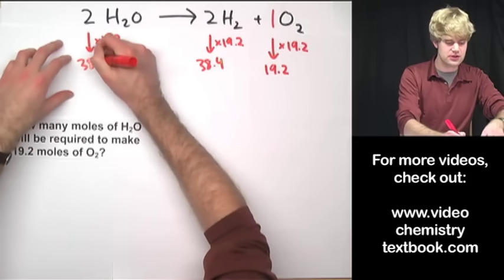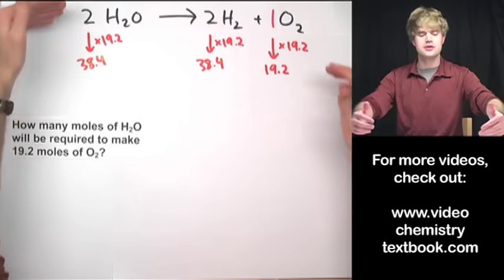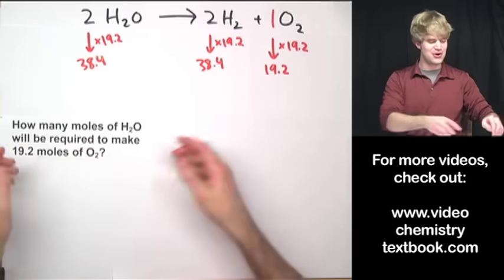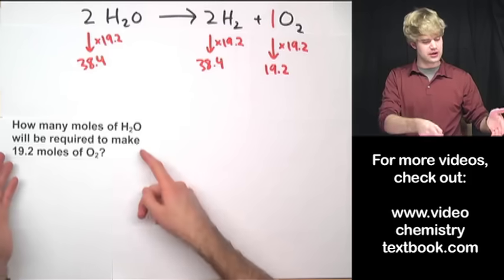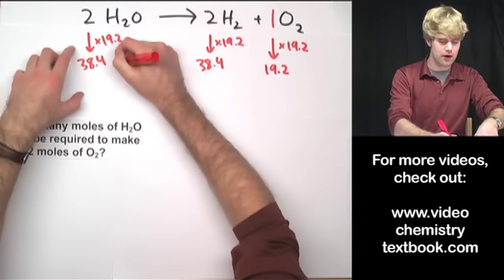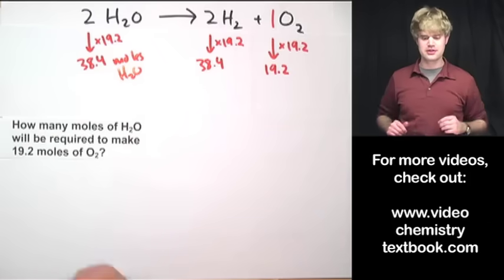And this is going to give us 38.4 moles of H2O. This is what happens to the recipe when we size it up to cook for 19.2 moles of O2. So the answer is, how many moles of H2O are we going to need? We're going to need 38.4 moles of H2O. That's the recipe method.